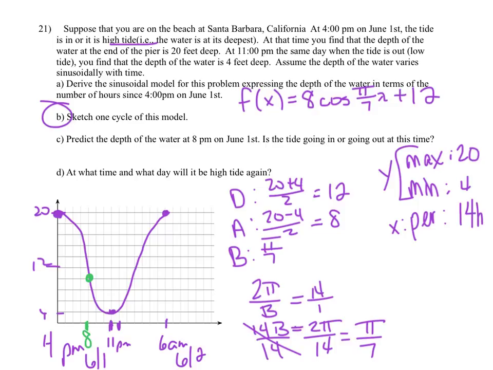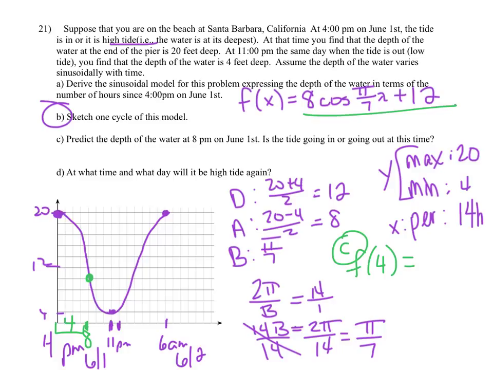So I have to plug in a number. We don't plug in 8; we plug in how many hours since 4. So here to here is 4 hours. I'm going to plug in f of 4 to do C.